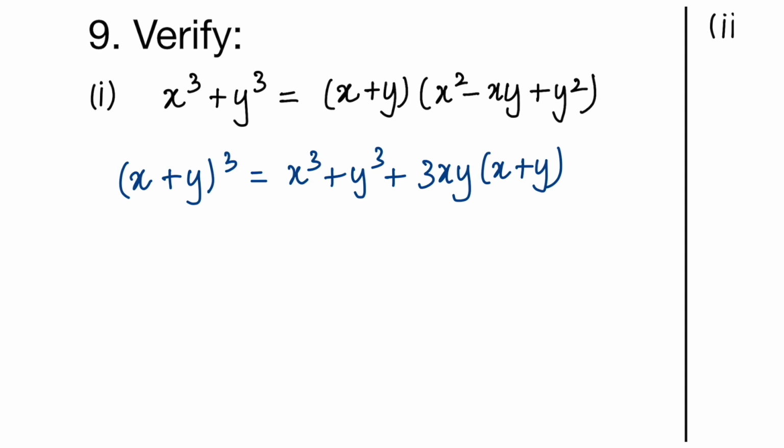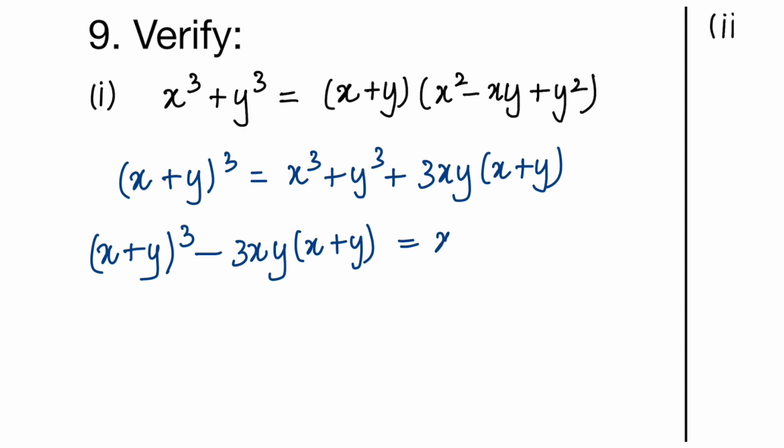Okay, now we need x cube and y cube alone, right? So what we are going to do is we are going to have this x cube and y cube at this end, and we are going to move all the other terms to the other side. So it's going to be x plus y the whole cube minus 3xy into x plus y, which is equal to x cube plus y cube.